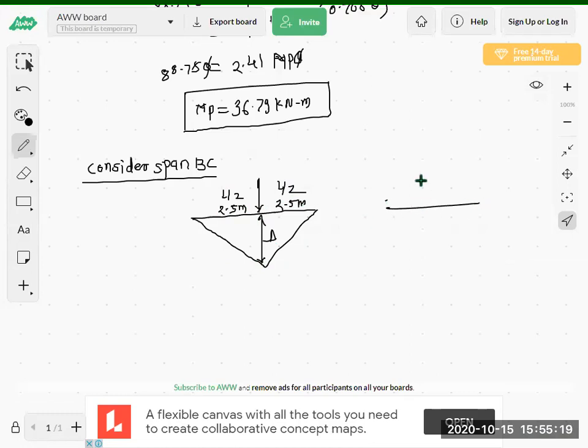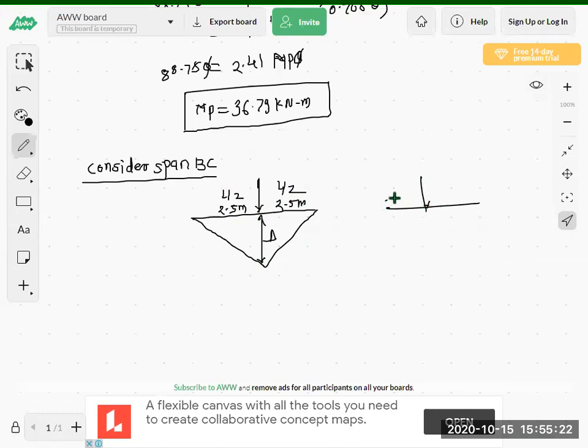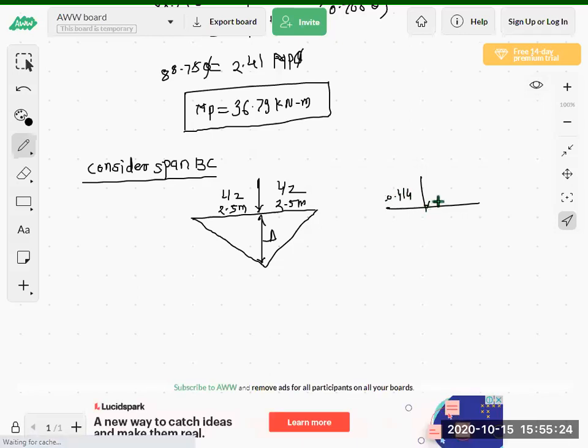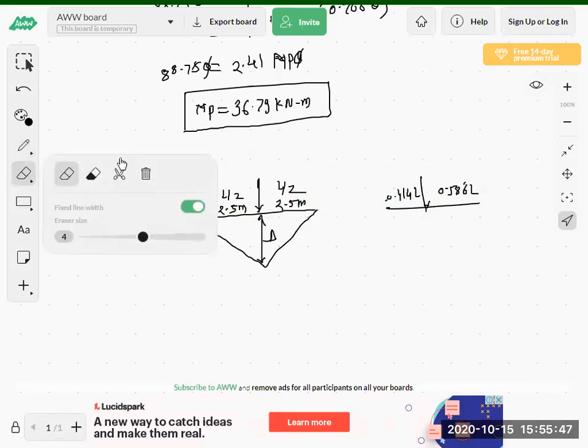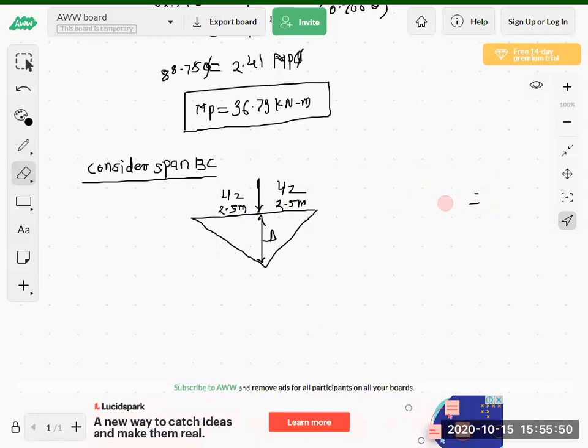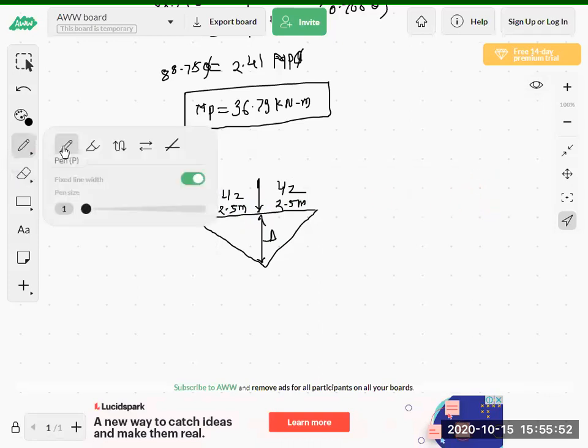And if the UDL lies on the end span, at that time it is 0.414 L and 0.586 L. If the end span is there, then this distance will be there. If the central span of a 3 or more span beam is there, then it is exactly L by 2, L by 2. That I have given in your note 1 and note 2.